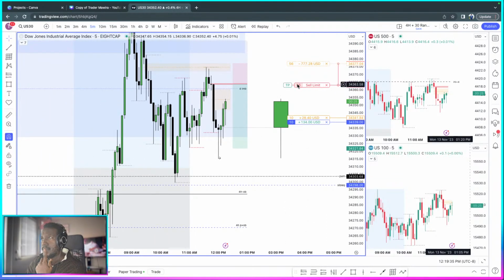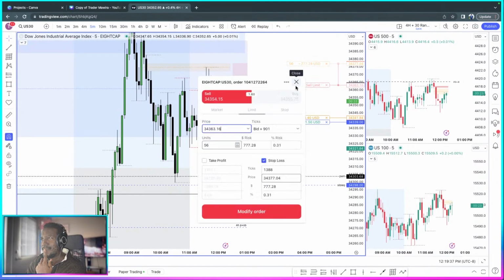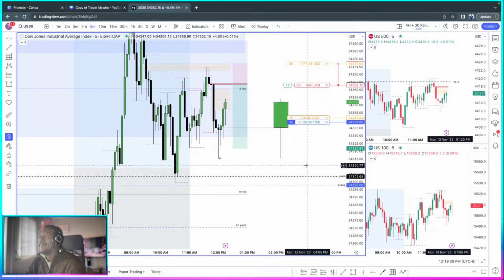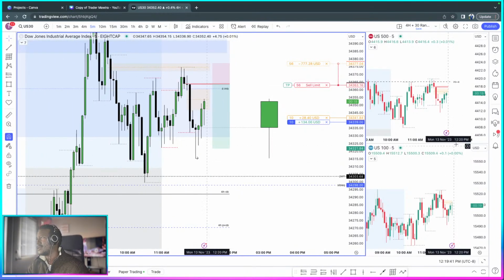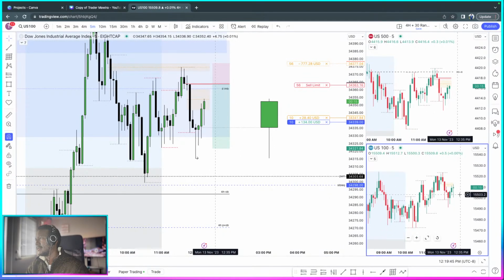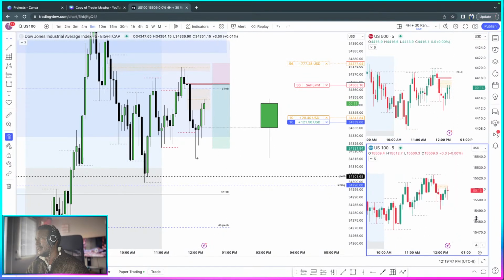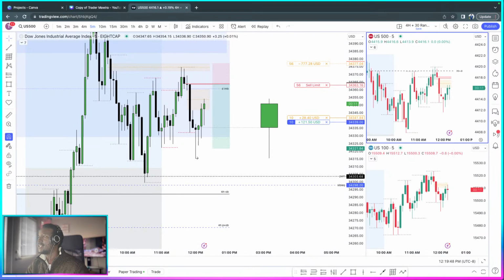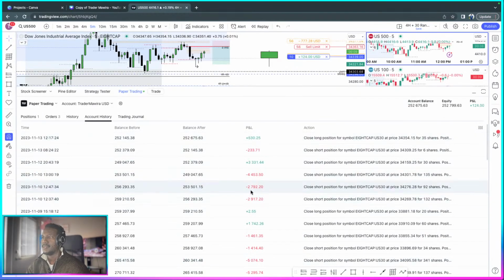I can also make this a full 1%, but this is not my strategy, so I'm not going to mess with something that is not my plan. Stick to the plan and the plan will work for you. Like Friday, I took a loss, but I still stuck to my plan. So those three failed and then one worked, right?